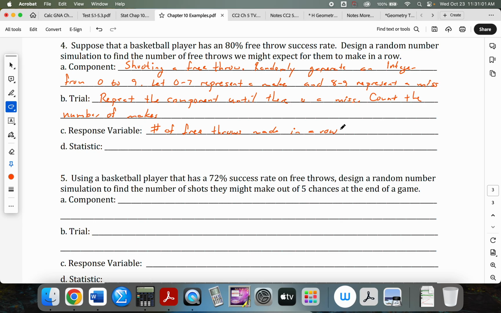If we ran this trial multiple times, we probably would average them. Oh, so we would run it multiple times. Yes, but we weren't there yet. We were still in the single trial. Okay. So probably the average number of free throws made in a row.